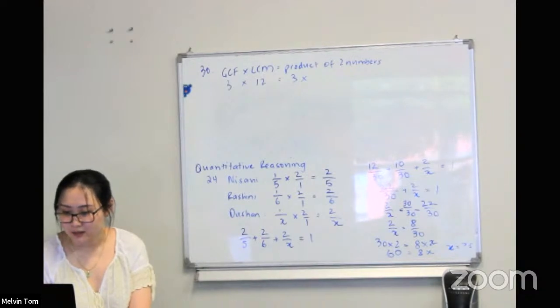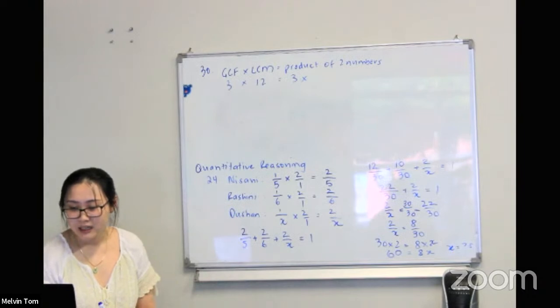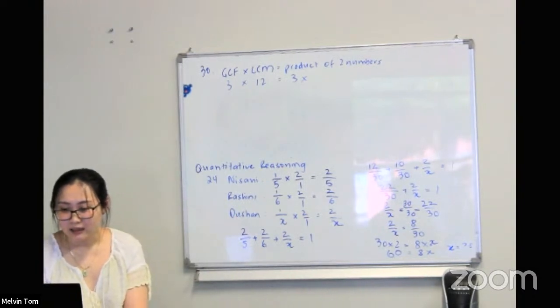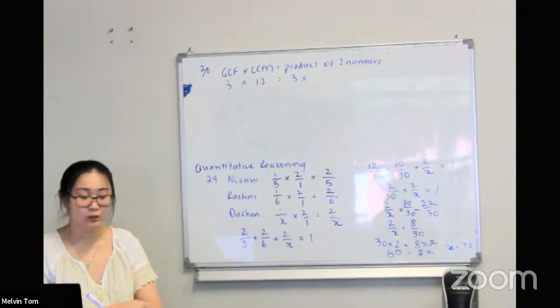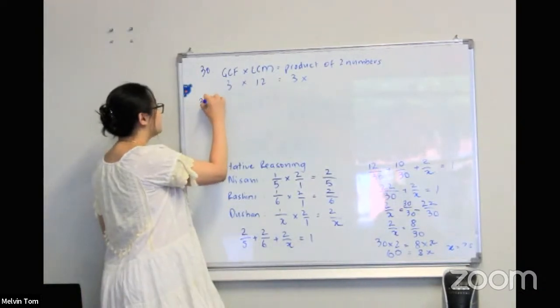35, okay. When it leaves the same place and travels in opposite directions, if the car is traveling at 70 kilometers per hour and the bike at 50, how many hours will they take? Okay, this one's actually pretty cool because you can use this technique to make things a bit quicker. Question 35.